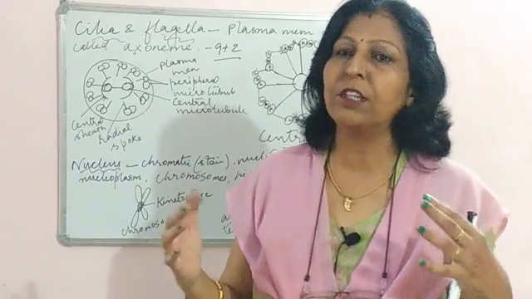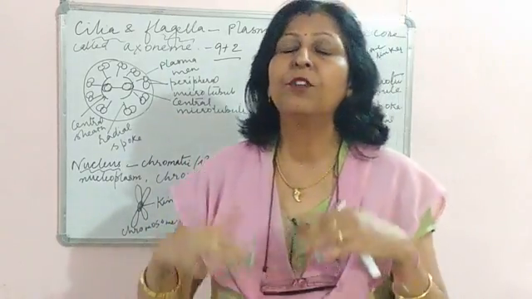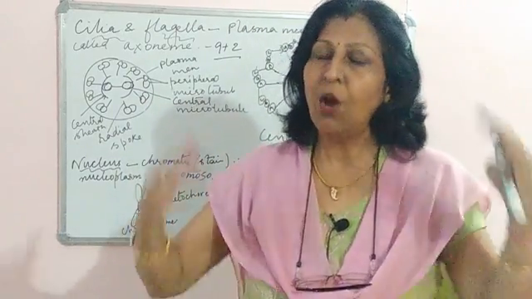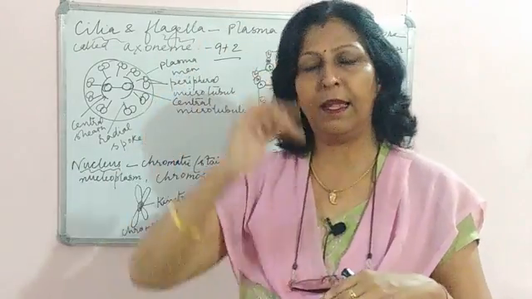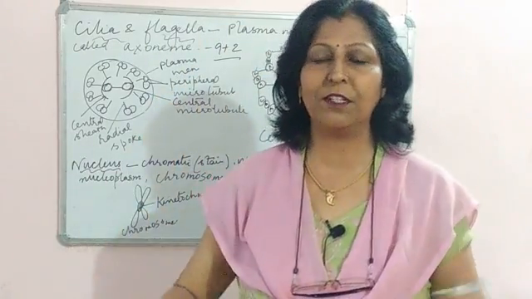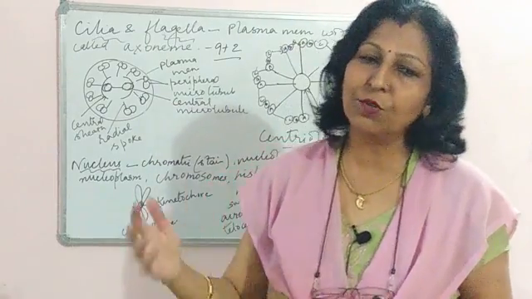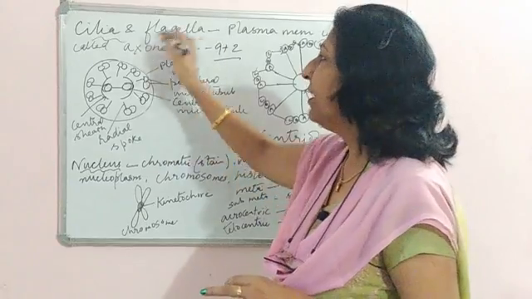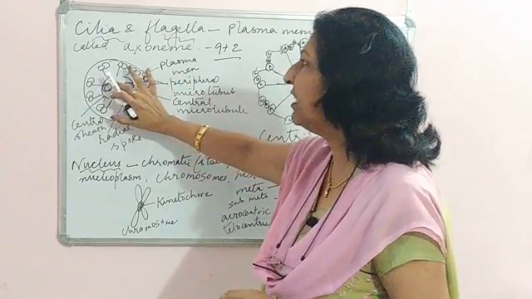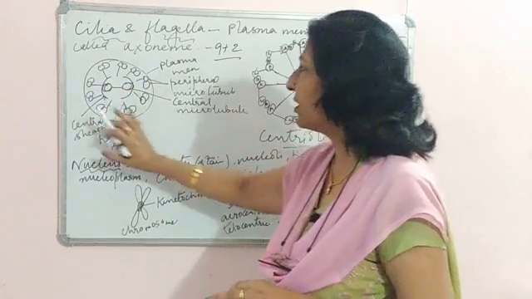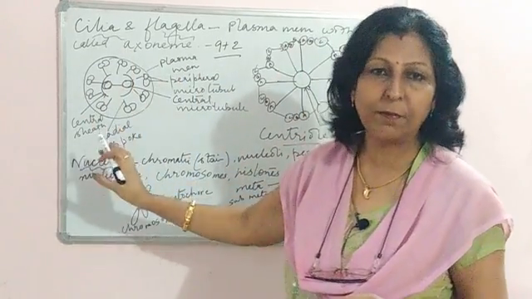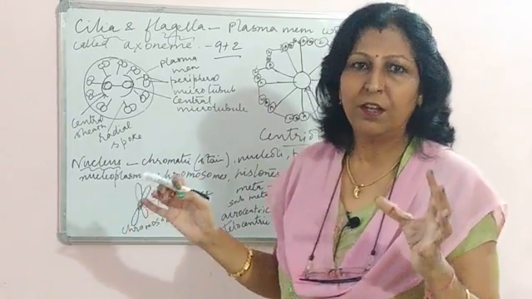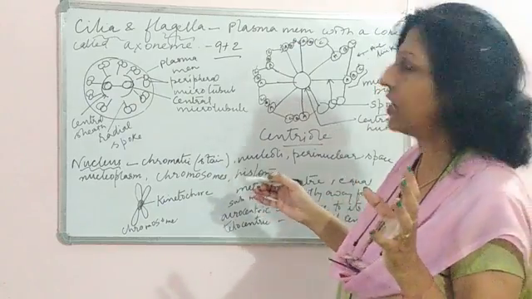The most important thing is the structural framework, and that is provided by the bone, the skeleton. Whether someone is tall, short or stout depends on that. Here too, this is the skeleton of cilia and flagella: the microtubules, the tubular fibers. These are the skeletal structures, which are very important.